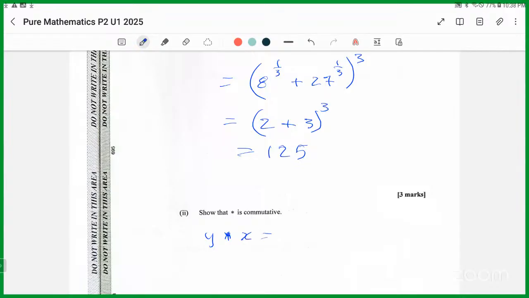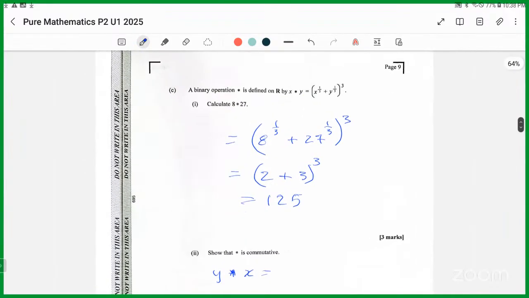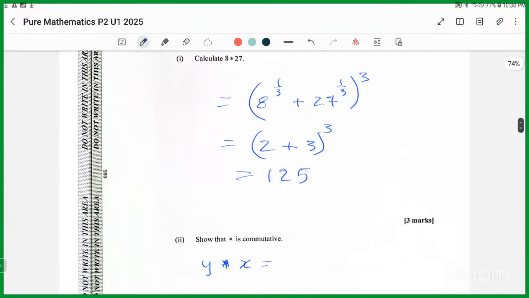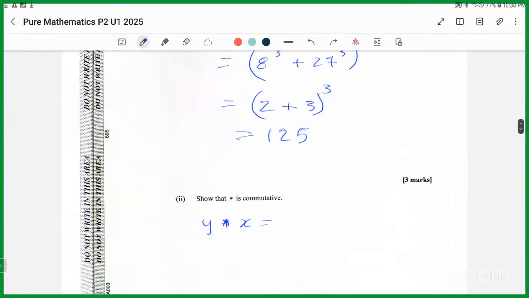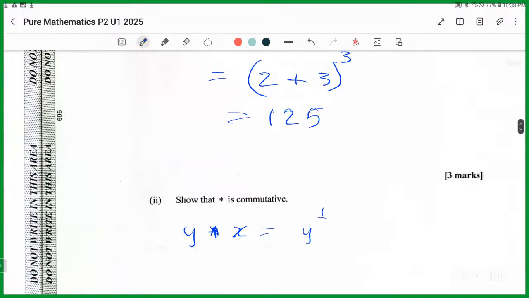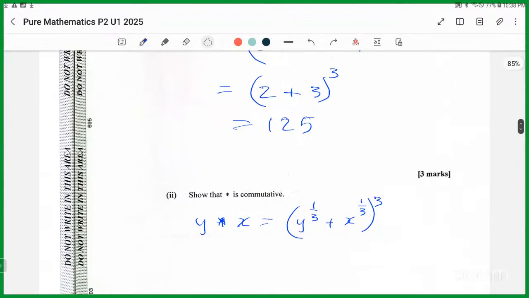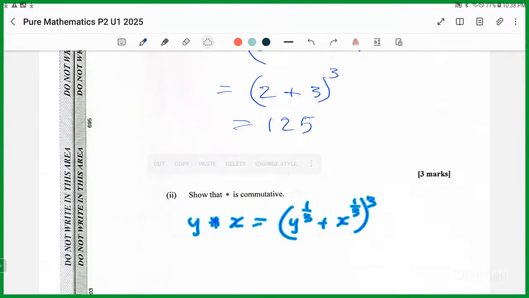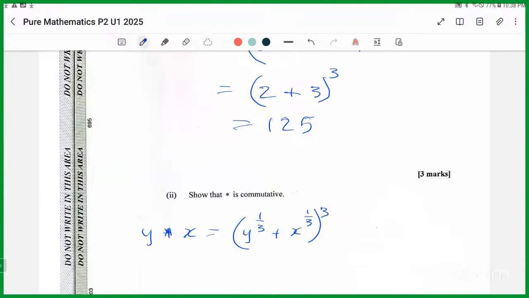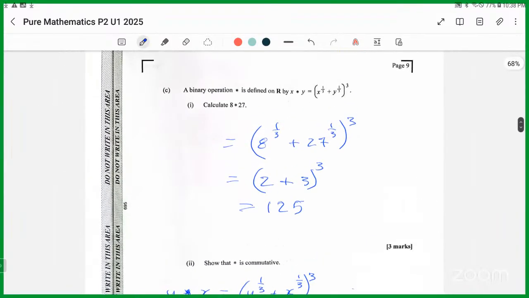Based on the definition of star, y star x would mean that y takes the place of x, so it becomes y to a third plus x to a third, all cubed. This addition operation is commutative. Addition of real numbers is always commutative, right? Because it operates on a set of real numbers here.